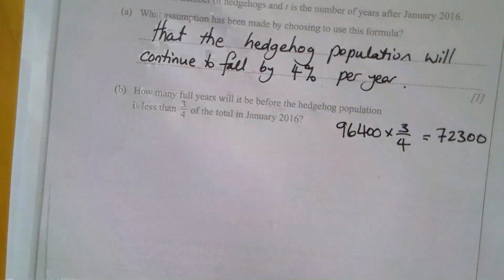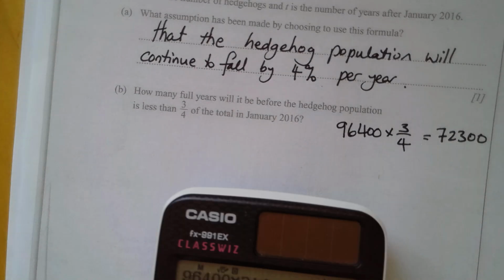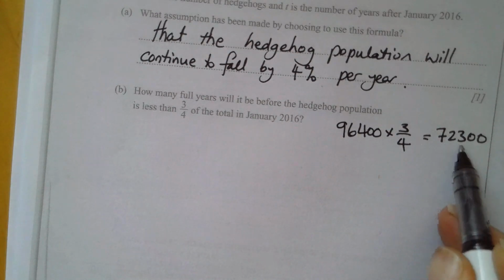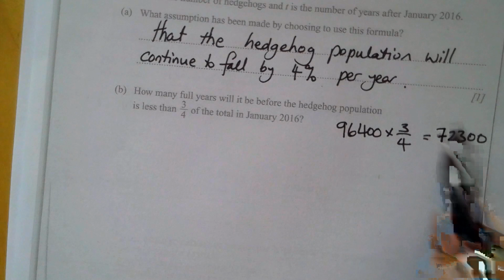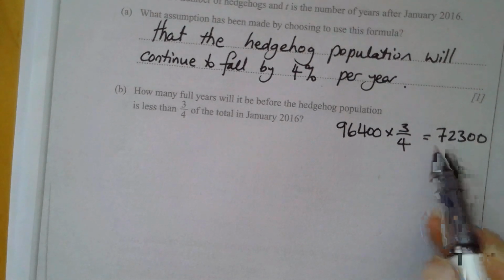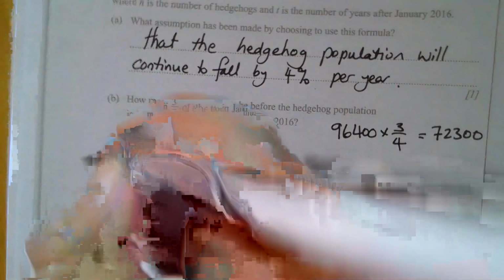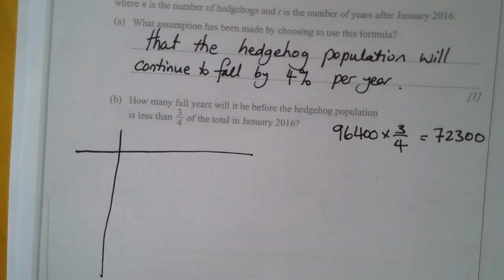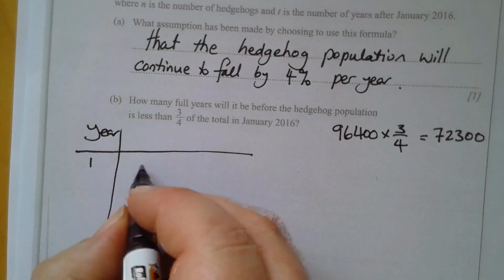So we're looking for when the answer comes to 72300 or lower. So we need to get to this point, but it needs to be lower. It's not rounding it, it needs to be lower. So what I'm going to do is trial and error. I'm going to start with year 1. Let's just see what it comes to.